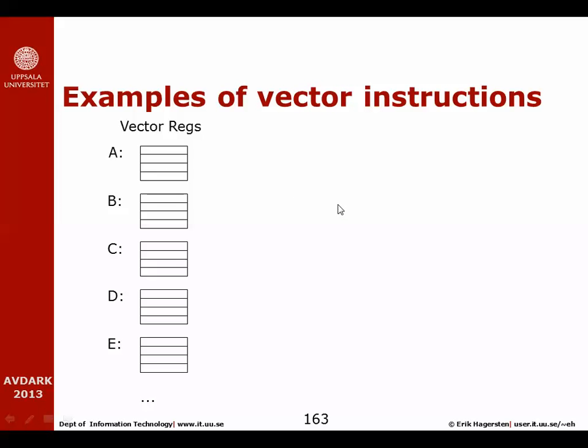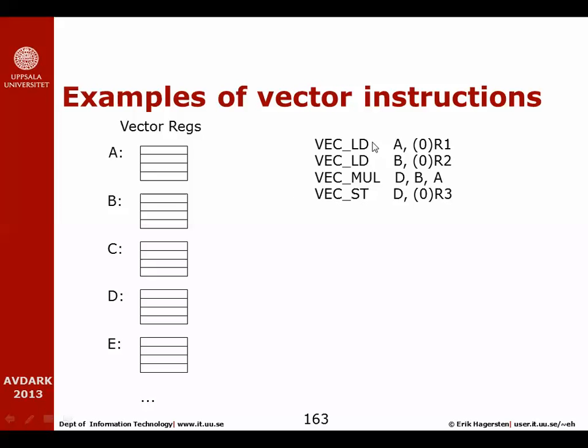And then there are certain instructions that can say, for example, vector load, or vector multiply. So in this example, I'm referring with these vector loads, vector multiply and vector stores, to these floating point or vector registers.